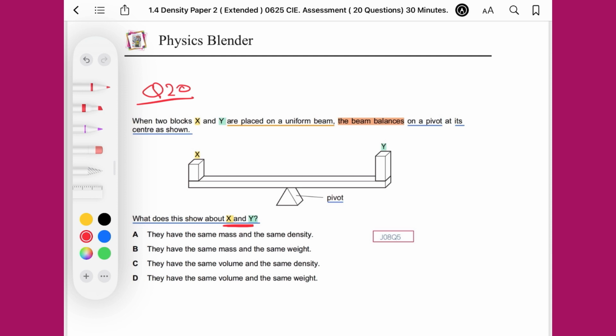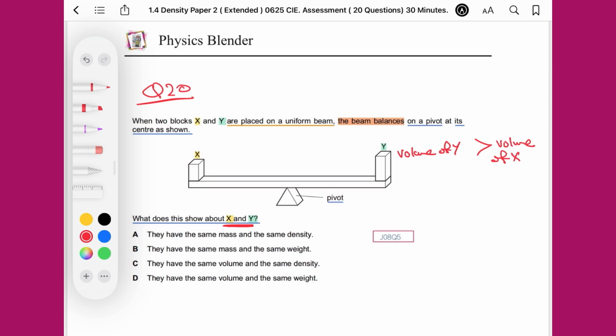They are not liquids, they are solid objects, X and Y, placed as blocks on a beam. What can you tell about X and Y? As shown, volume of Y is greater than volume of X. What about mass? Mass is constant because they are balanced here. They have the same mass, same weight.